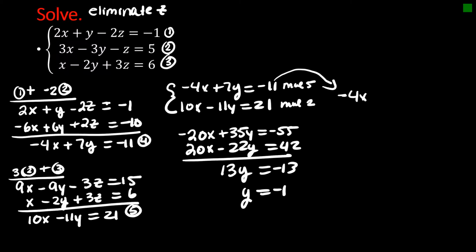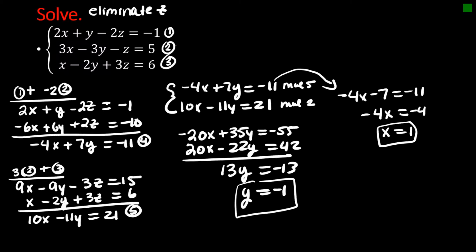I'm going to go here to find x. Negative 4x, negative 1 times 7 is negative 7, equals negative 11. So negative 4x, if I add 7 to both sides, I get negative 4. So x is going to be 1.